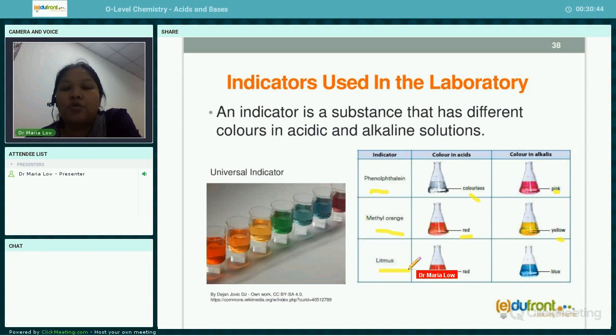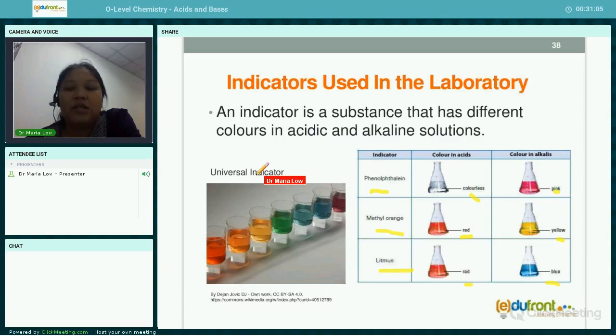Then, not forgetting, we also have litmus. Litmus exists as two types, either litmus paper or litmus solution. The litmus solution will turn red in acids and turn blue in alkaline solution.